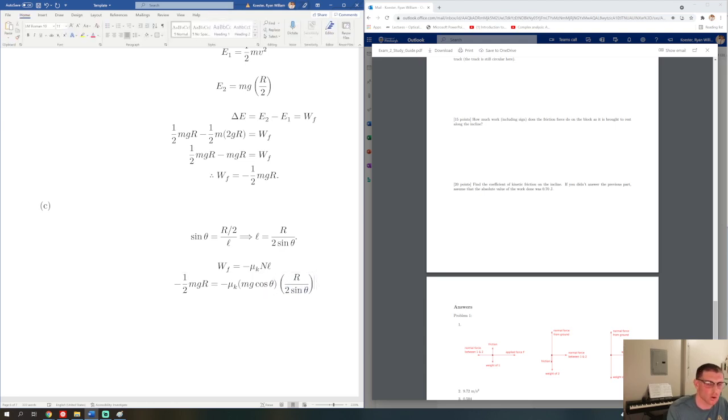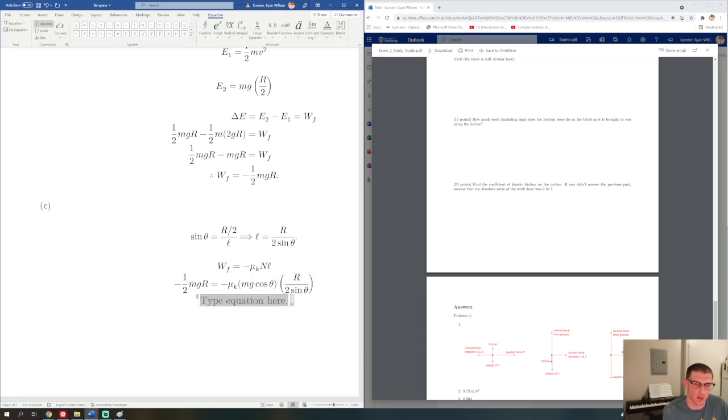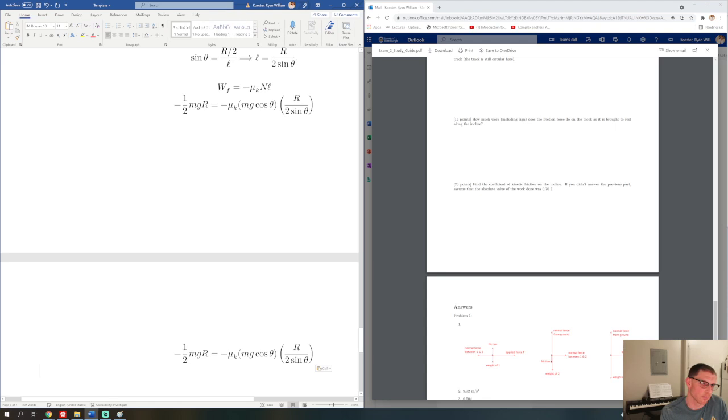Okay, so I cancel the masses, right? I turn cosine of theta over sine of theta into 1 over tangent theta, and I cancel g also, and I cancel the 2's, right? So I'll just copy and paste this, do it term by term.